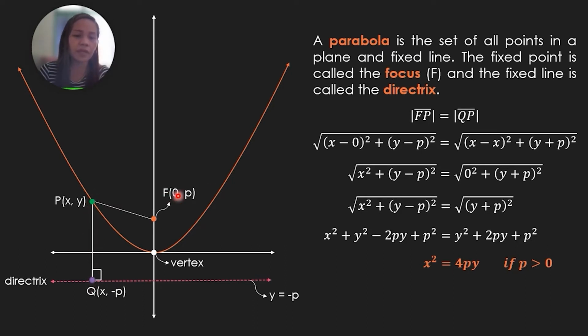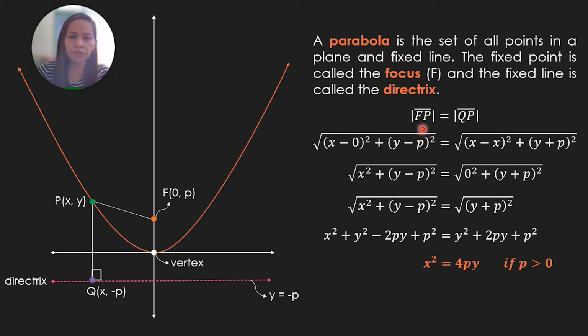From that concept, we have this expression that the distance of line segment FP is equal to the distance of line segment QP. And from there, we can apply the distance formula.